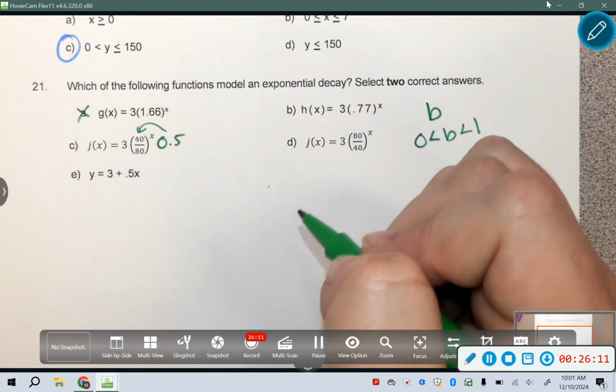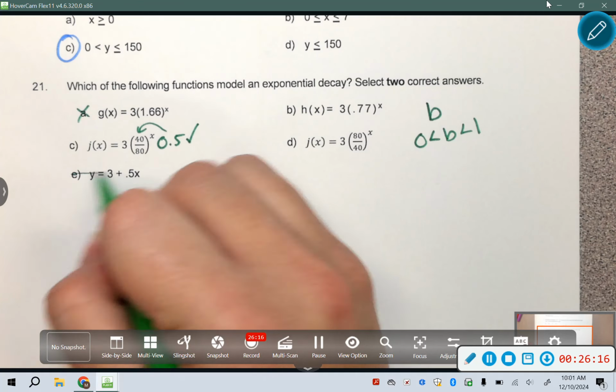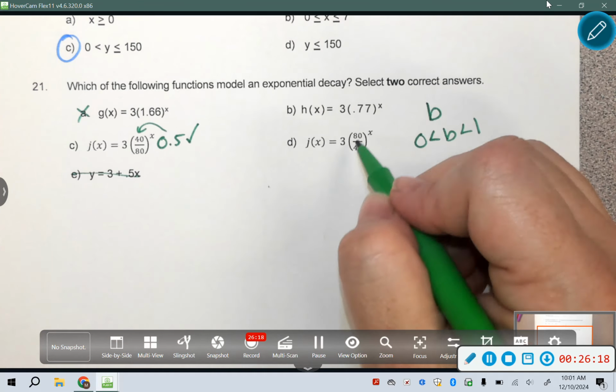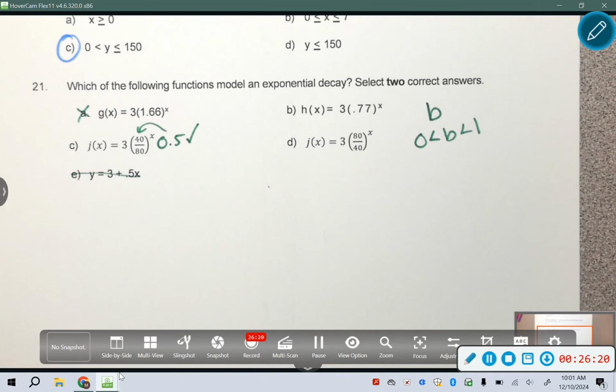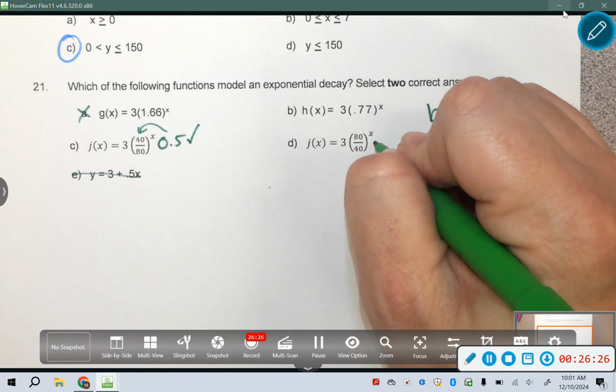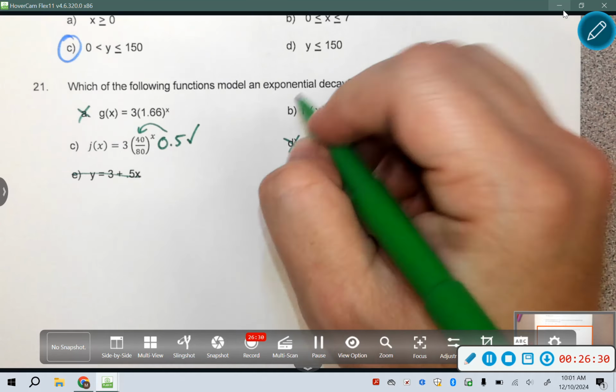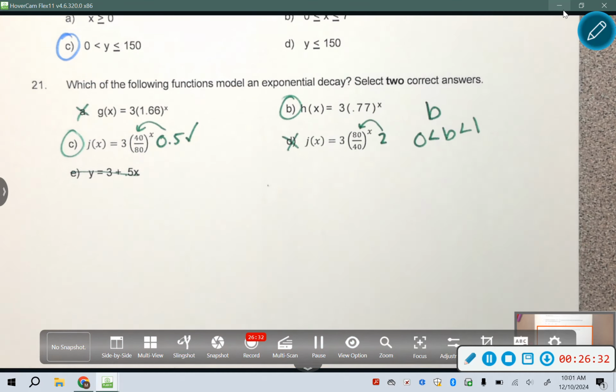So that is decay. That's between 0 and 1. Here, this isn't even an exponential equation, so that's definitely not my answer. 80 divided by 40 is 2, so that's bigger than 1. That's not my answer. And B, 0.77 is between 0 and 1, so B and C are my answer.